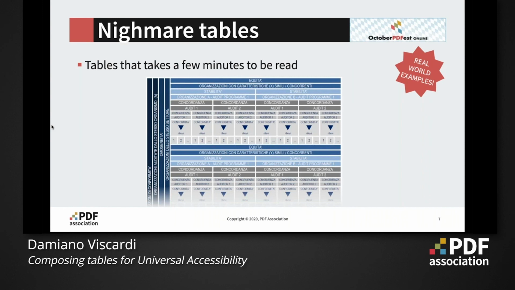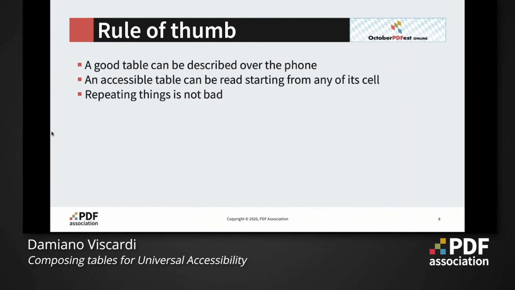How can we understand easily when a table is good or not? If a table is good, it can be described over the phone, or without seeing it as well. So if I can describe a table now to you without showing you the table, that's fine.